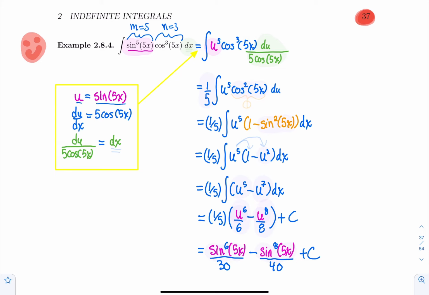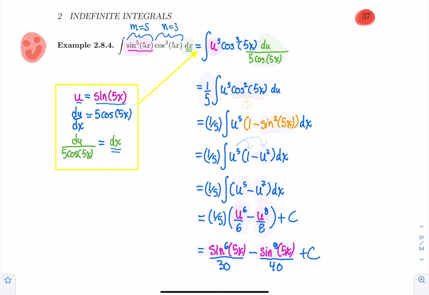So then you start your substitution technique. If u is sine of 5x, then when you compute its derivative, you get 5 cos of 5x using a small chain rule. And if you isolate dx, you get that du over 5 cos 5x is your formula for dx. So we will be able to get rid of dx by replacing it by du over 5 cos 5x.